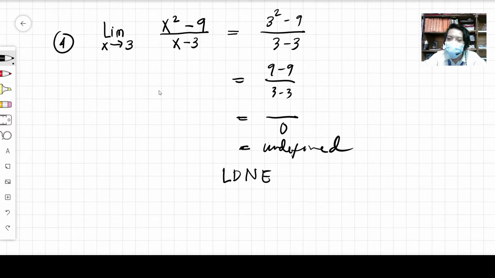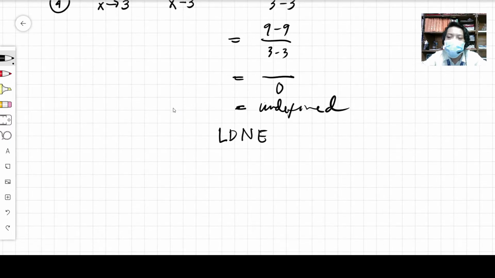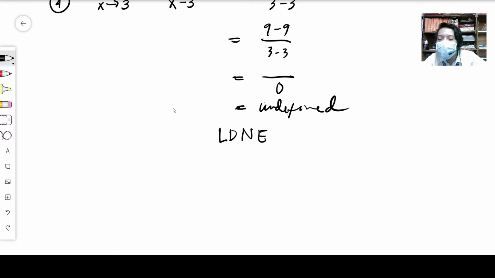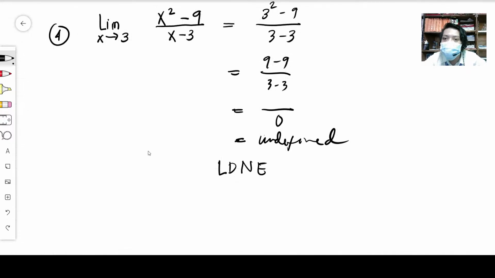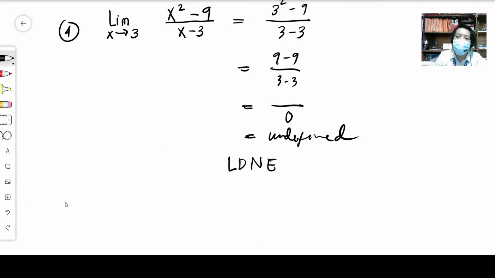But remember, the limit exists if the right hand limit and the left hand limit are equal. So let us check. Let us check the left hand limit: the limit of x squared minus 9 over x minus 3 as x approaches 3 coming from the left.